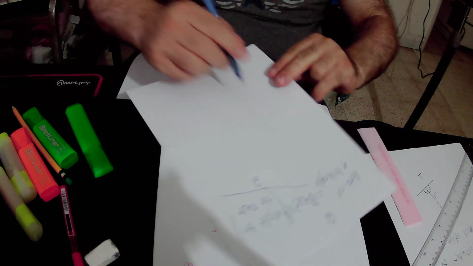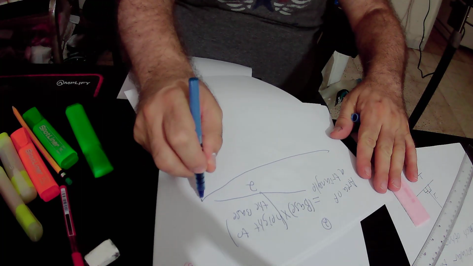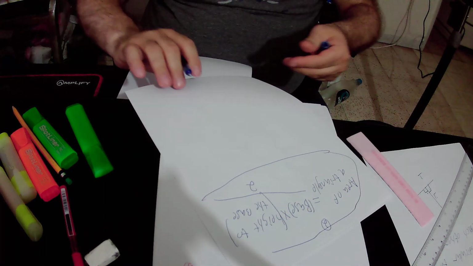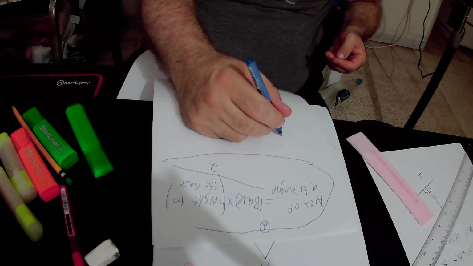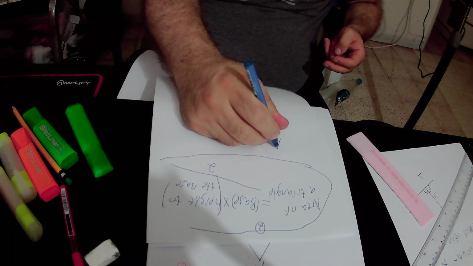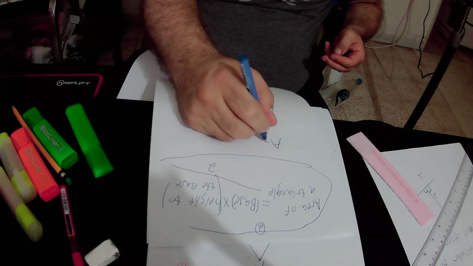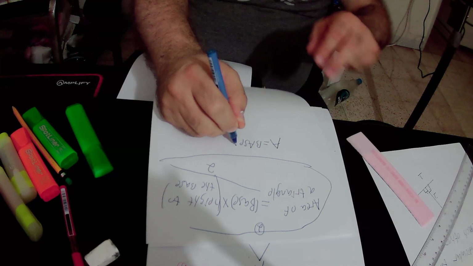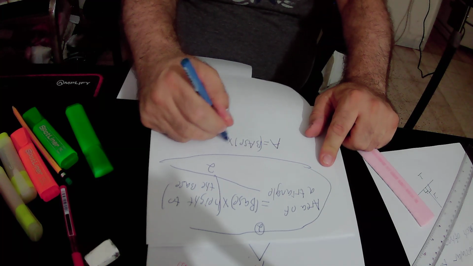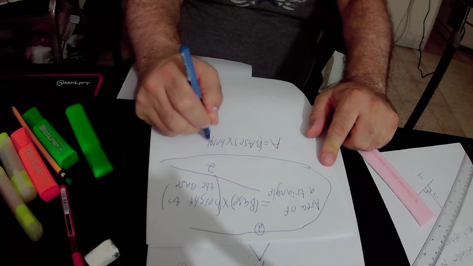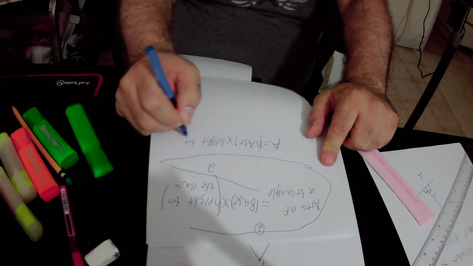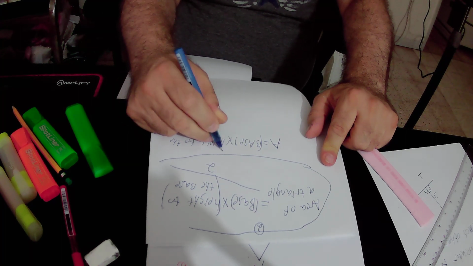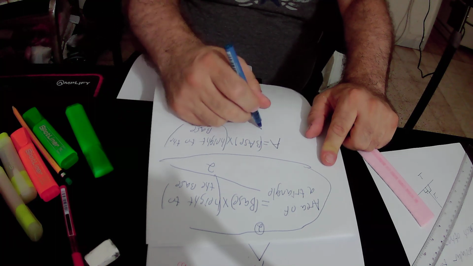Okay, instead of writing the area of a triangle, I will use the abbreviation A. A is for the area of any triangle, which equals the base times the height to the base divided by 2.